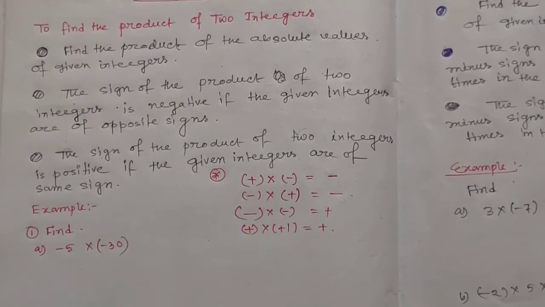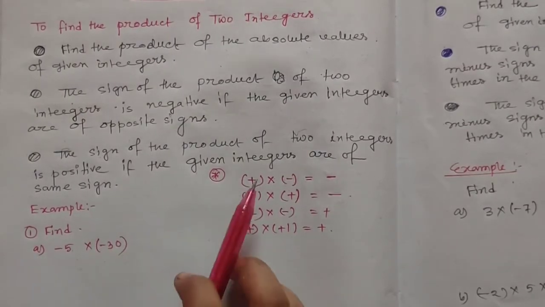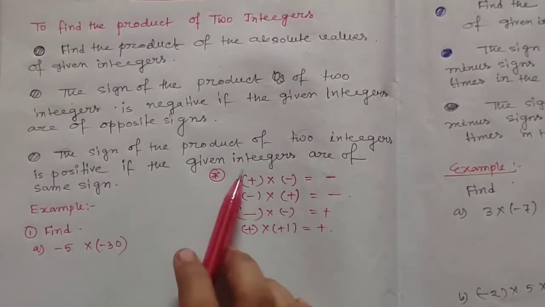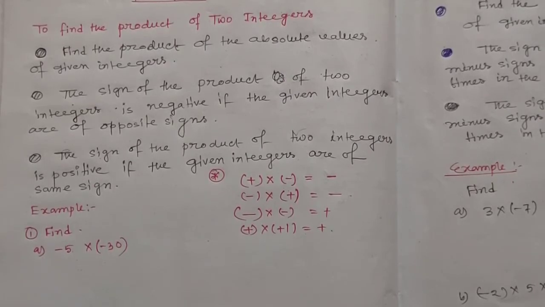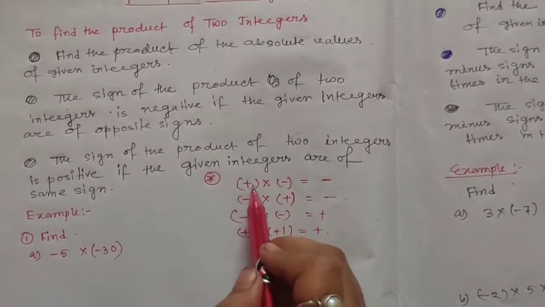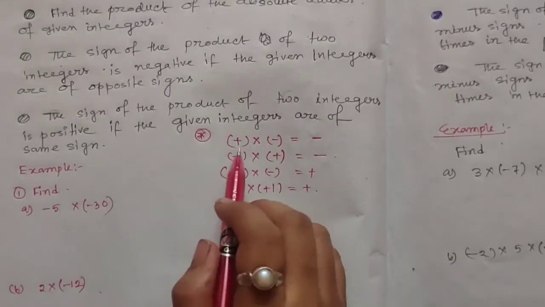And the sign of the product of two integers is positive if the given integers are of the same sign. So if the given integers are of the same sign, then the sign of the product will be positive, and if the given integers are of opposite sign, then the sign of the product will be negative. Okay, all of you look here.